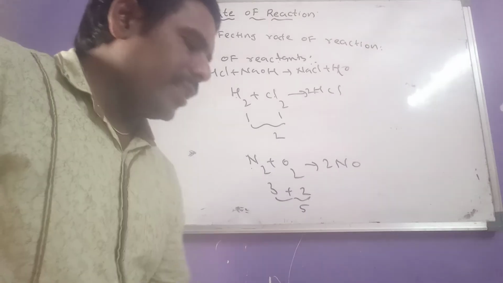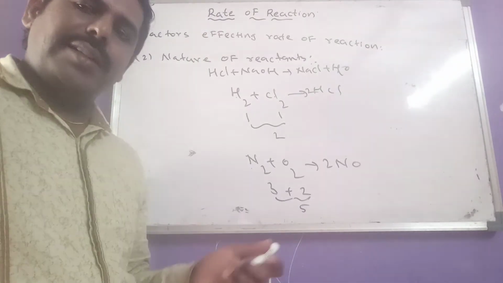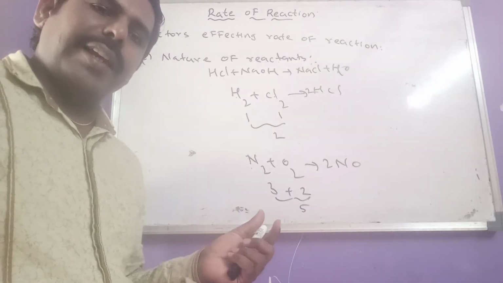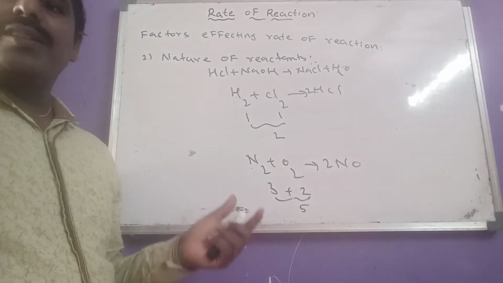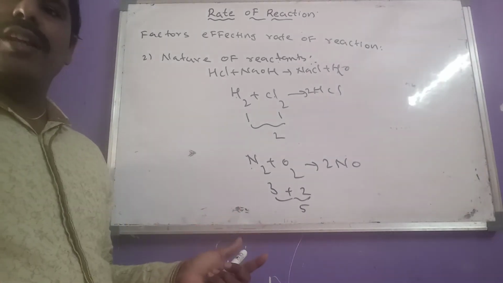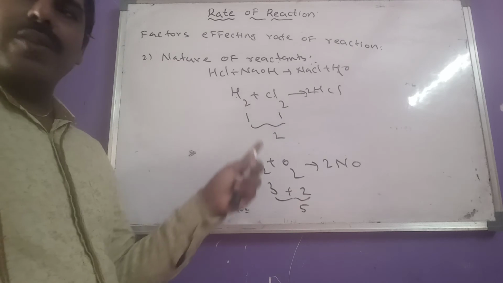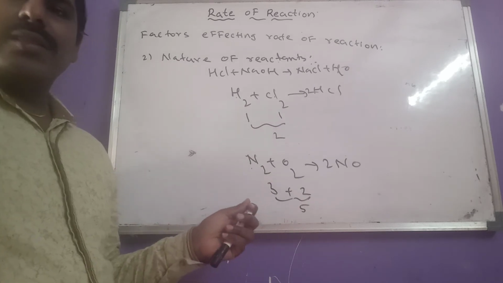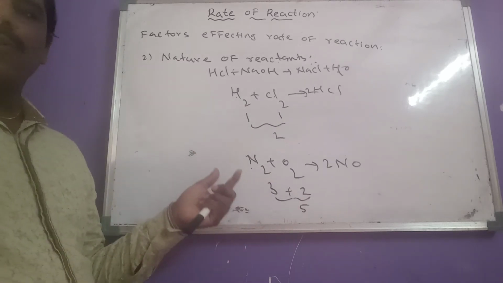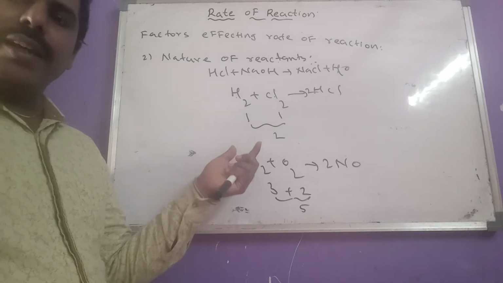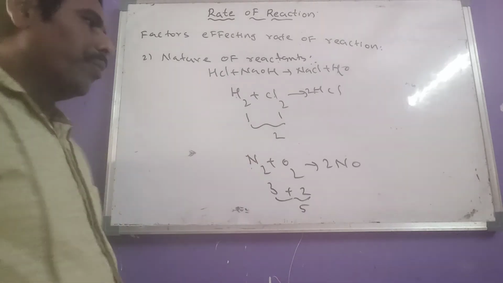So when a question is given like this, which reaction takes place fast and which reaction takes place slowly, we have to observe the number of bonds to be cleaved, in which case is less and in which case is more.